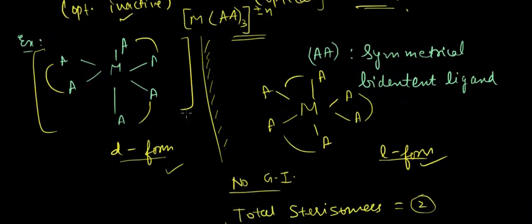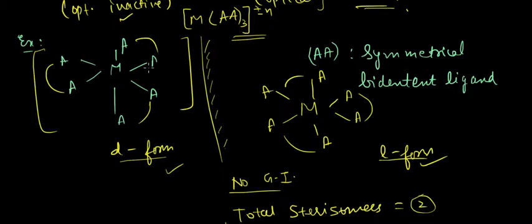So if you draw the D form of the same, it would be something like this. These two donating sites of a bidentate ligand are connected to each other. Similarly these two and these two. So if we look into it, this A is coming towards your face, this A is going away from your face, and these two are connected.